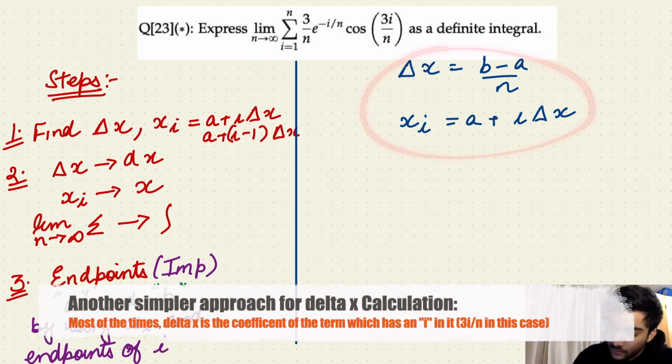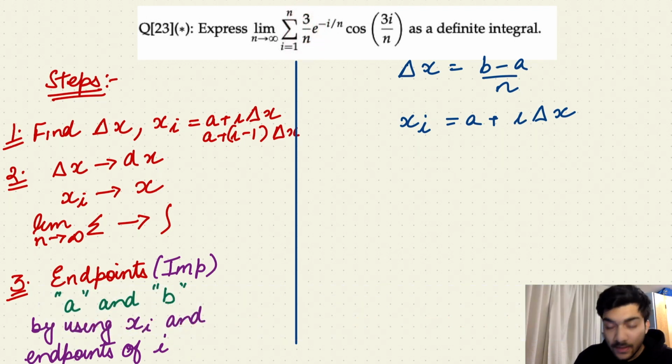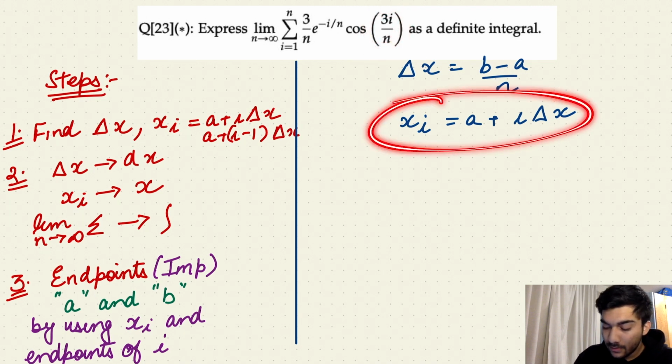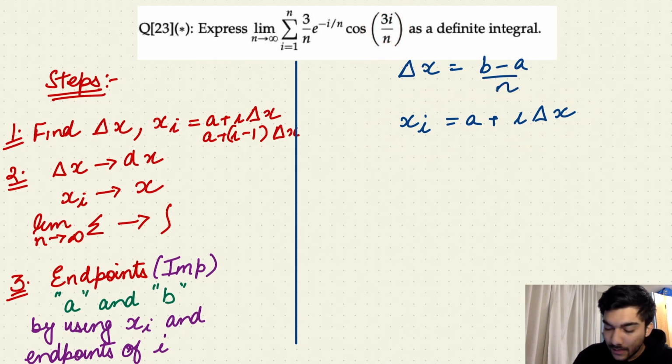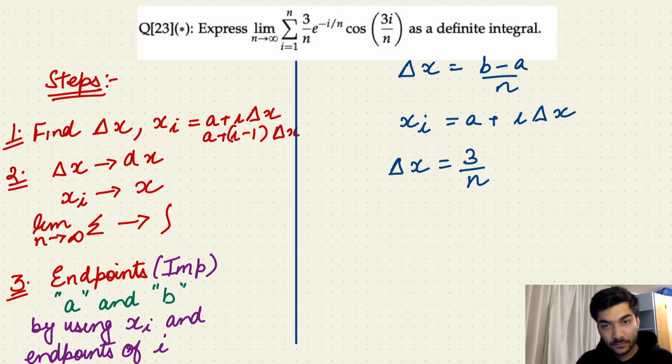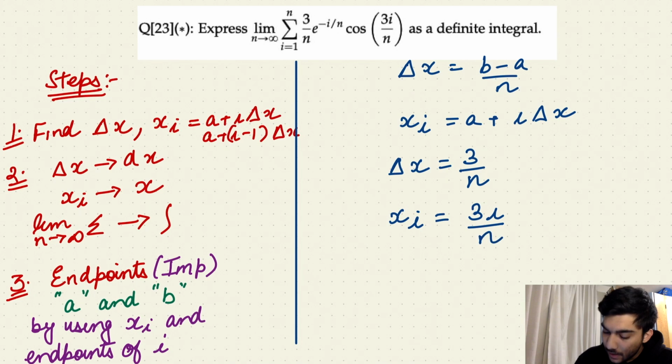So based on both of this information, it gives me an idea that 3 by n, since 3 by n is a term which has n in its denominator, and it also pairs with xi notation because it has an i delta x term, so it gives me an idea that my delta x in this case is most likely 3 over n.